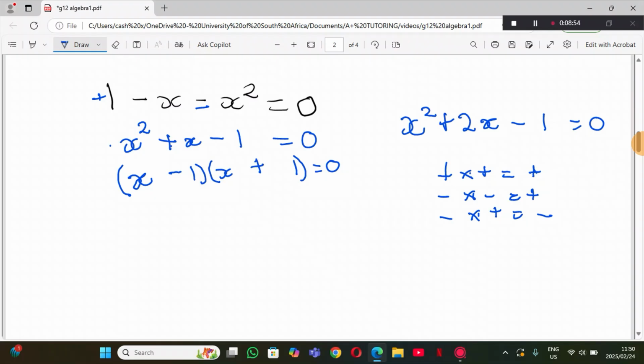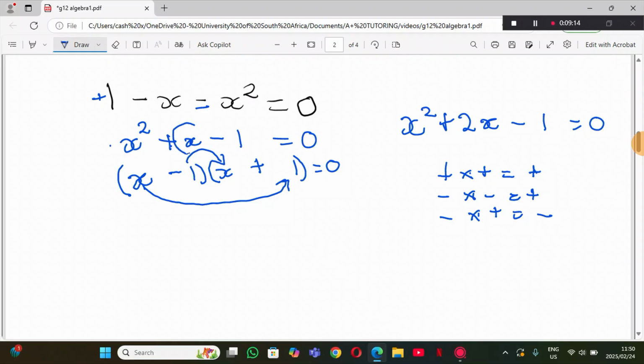Now we need to find, would these be able to give us the plus 1 in the middle, right? So how do these brackets give us the middle number? They give us the middle number when I take this side and multiply it with that, and I take this one and multiply it with this. Why?